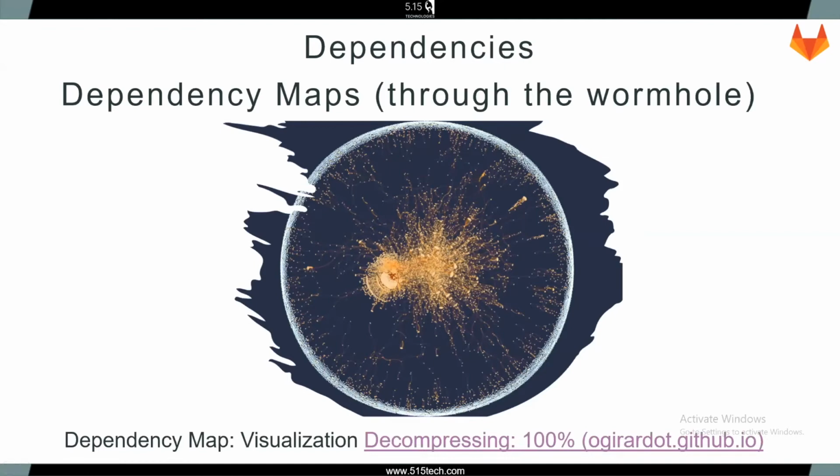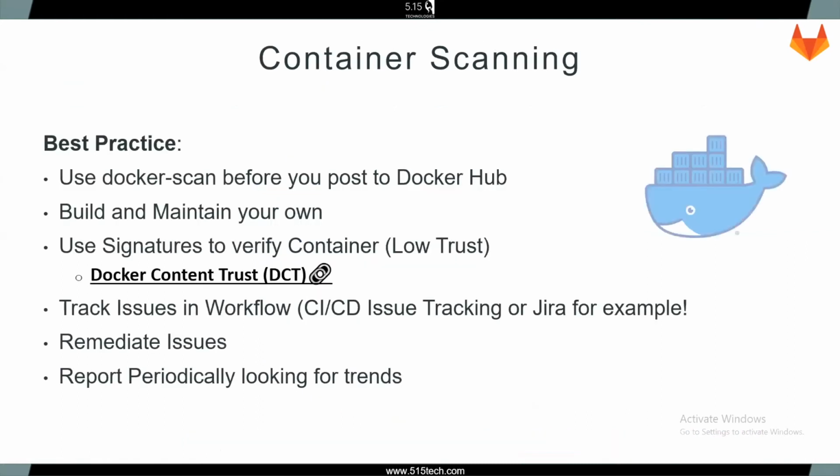Having a tool like the dependency mapper provided by GitLab, you have the ability to identify these very effectively. Container scanning, there's always best practices associated with containers. Just think of them as little tiny computers. You want to scan them before you post them. Here I'm talking about Docker Hub, but the beauty of GitLab is you don't need Docker Hub.